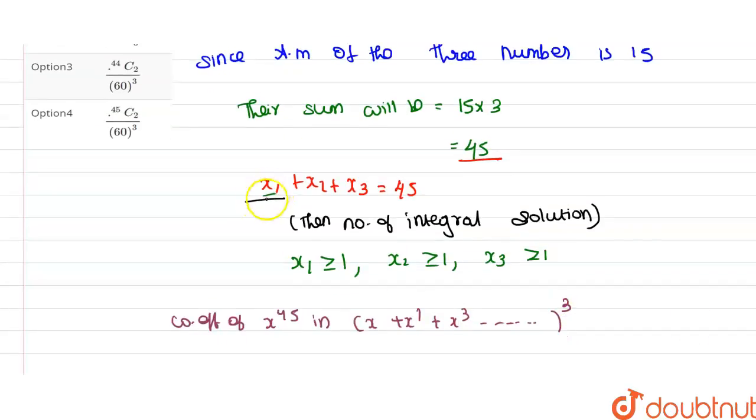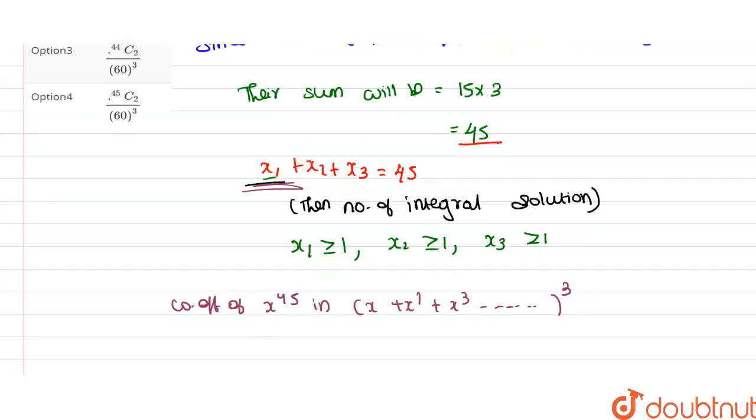If we consider x1 dash, x2 dash and x3 dash, then x1 dash plus x2 dash plus x3 dash equals 45 minus 3, which is 42, because here we have 1 plus 1 plus 1 which is 3, and 3 plus 42 is 45. That's why we write this.